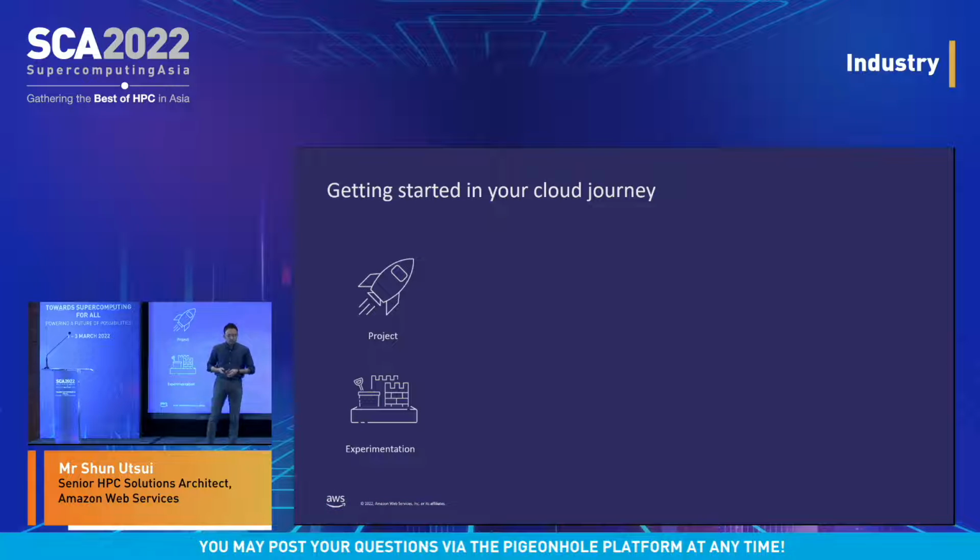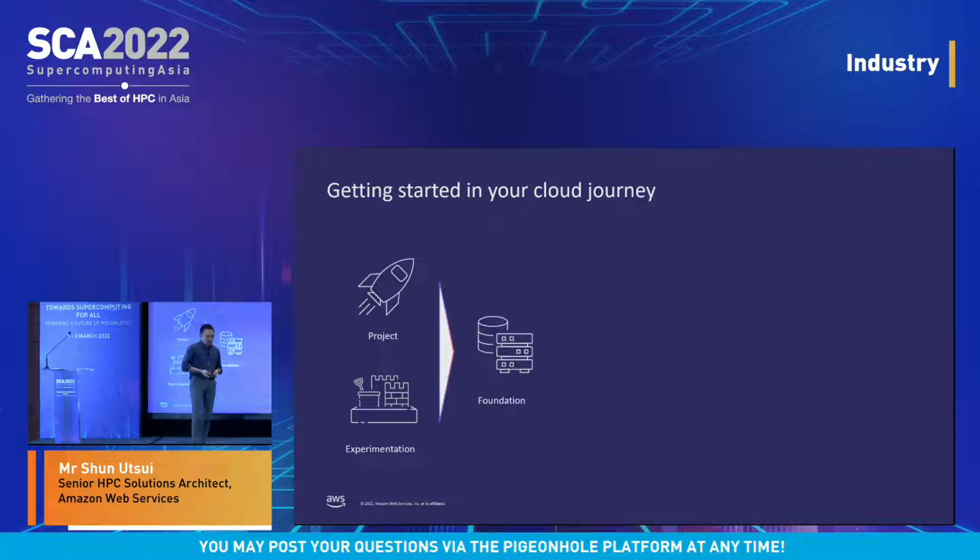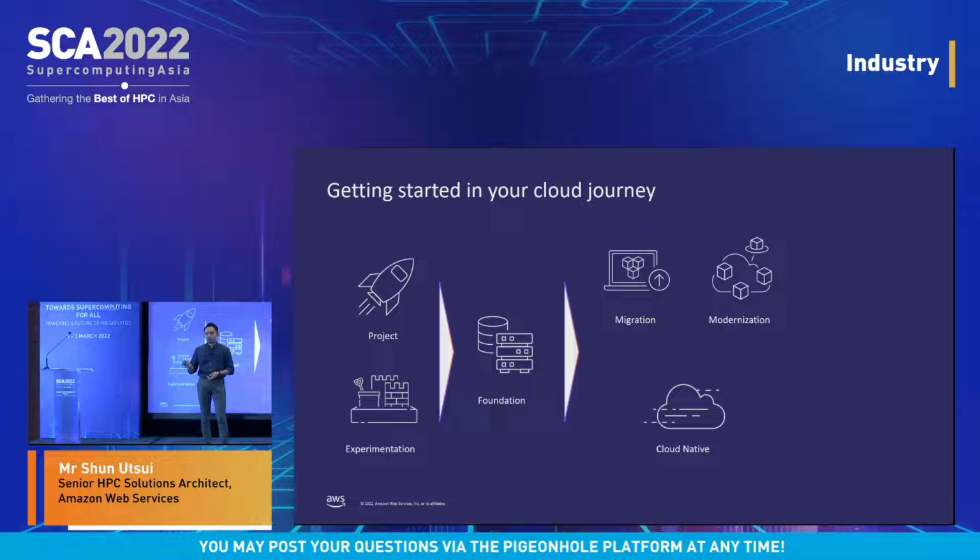So here, I do have a typical view on how a cloud onboarding journey could look like. Normally, you would start with an experimentation or some kind of POC that will formulate a foundation. And once you have that foundation, you will move on to migrating your workloads to AWS. And that could take many forms.